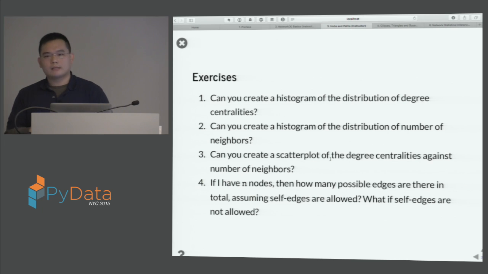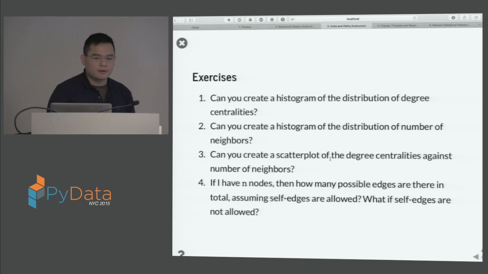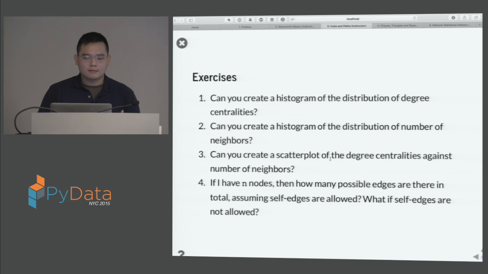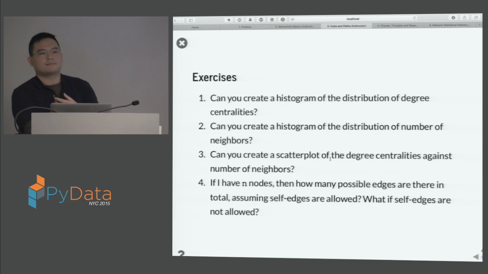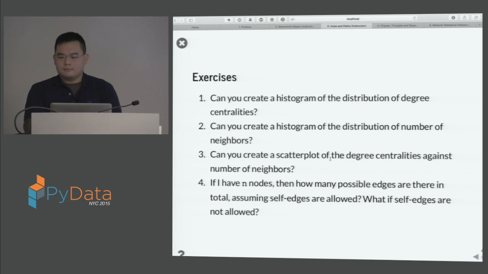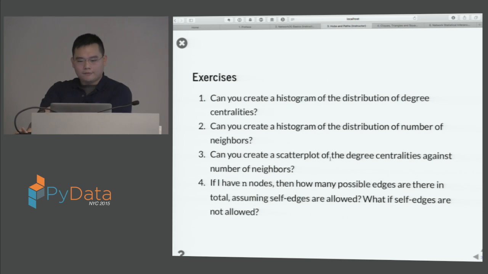In any case, I want you guys to do this. I want you to create a histogram of the distribution of degree centralities, and then likewise do the same for the distribution of the number of neighbors, and then create a scatter plot of the degree centralities against the number of neighbors. If you're done with 1 and you don't want to do 2, you can skip right to 3, and that's totally okay.